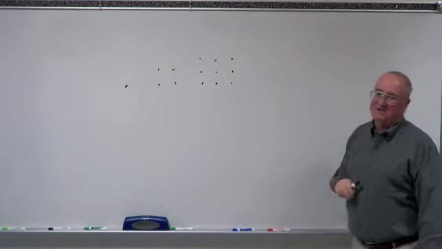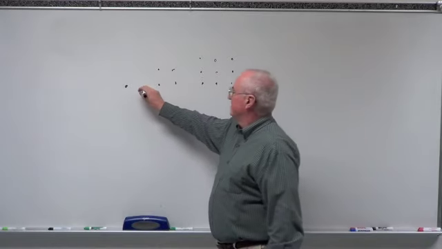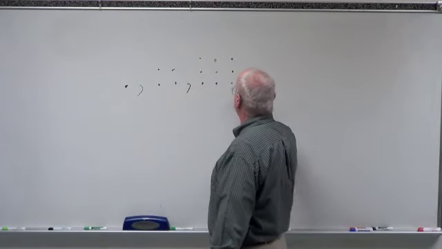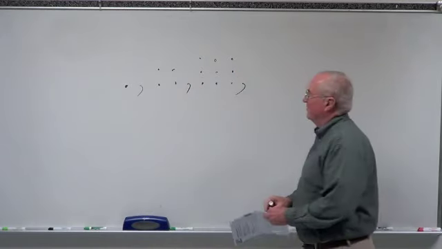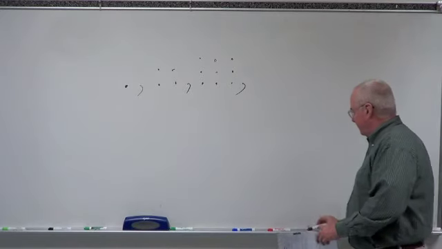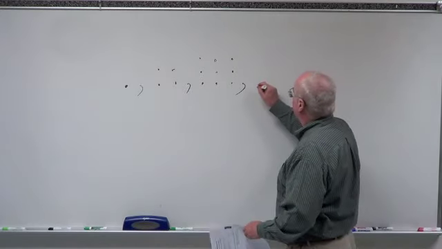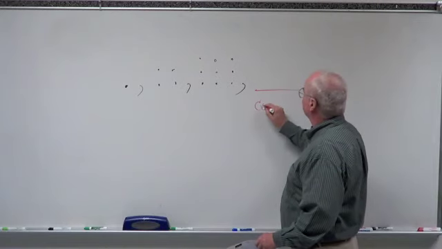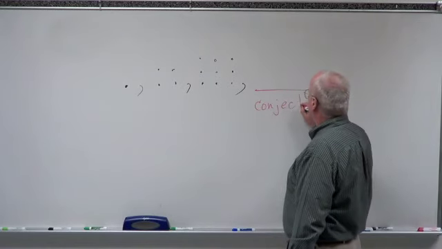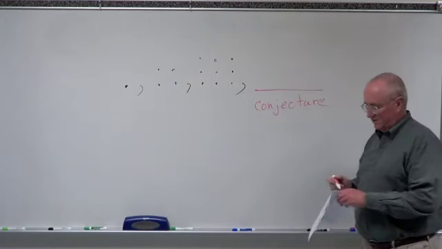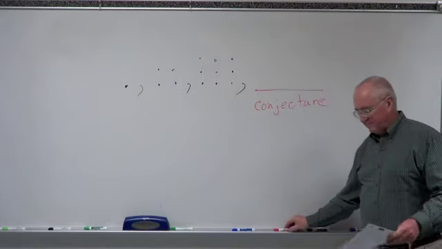What do you think the next one's going to look like? Let's put a comma there, a comma there, a comma there. What's the next figure look like? How many dots is it going to have? And what's it going to look like? What is your conjecture for this one?